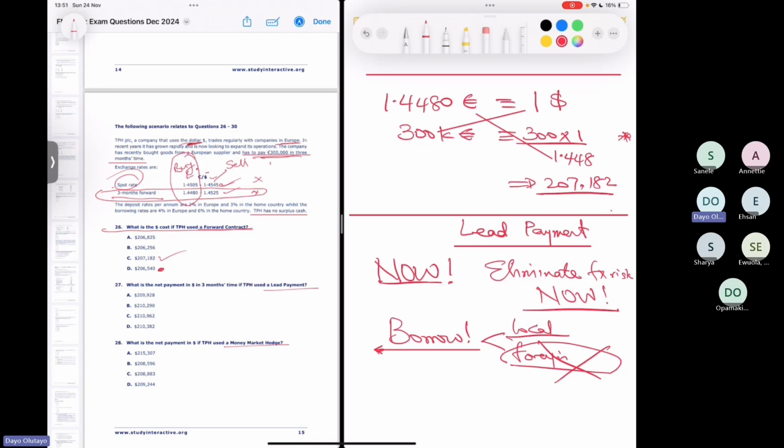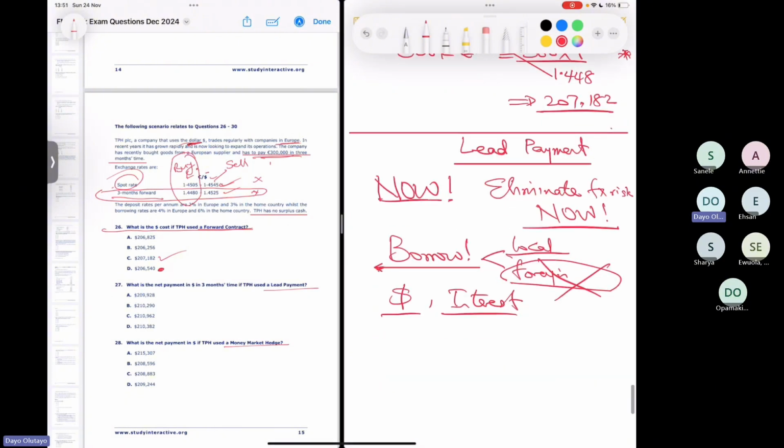And that is why the question is asking now, what is the net payment in dollars? Because now he's going to borrow dollars and pay interest on those dollars. So he needs to borrow today, and he's still going to pay interest on whatever amount he has borrowed to be able to settle the payment.